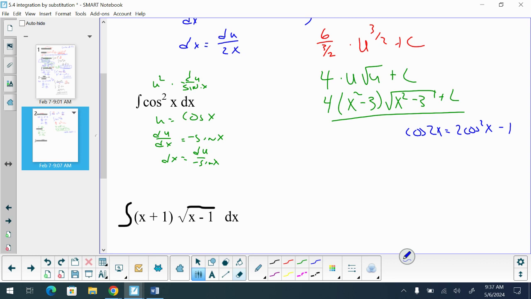Adding 1 to both sides, we have 2 cosine squared of x is equal to cosine of 2x plus 1. Dividing everything by 2, or multiplying by 1/2, we're left with cosine squared is equal to 1/2 cosine 2x plus 1/2.